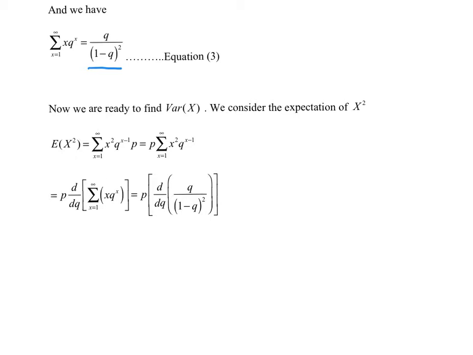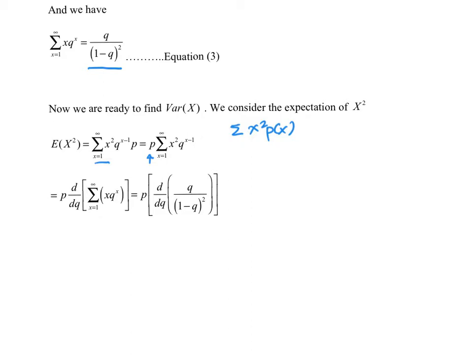Now we are ready to find the variance of X. We consider the expectation of X squared, and this is the formula, which is essentially the sum of x squared p x. And we can factorize out the p over here.